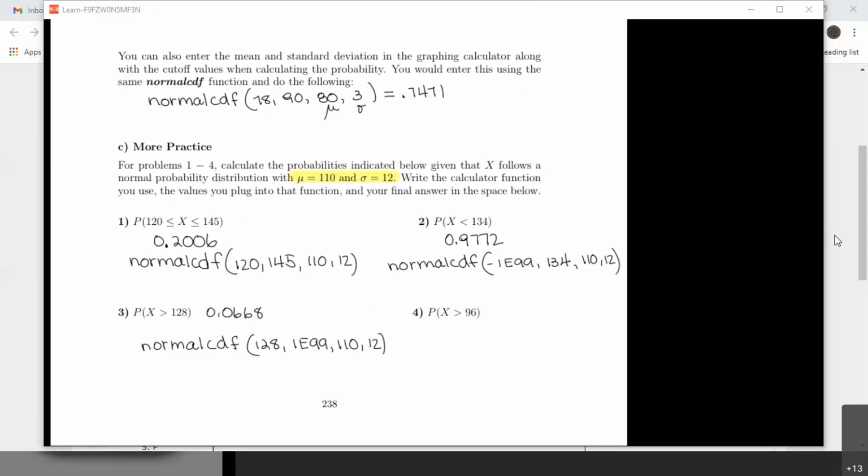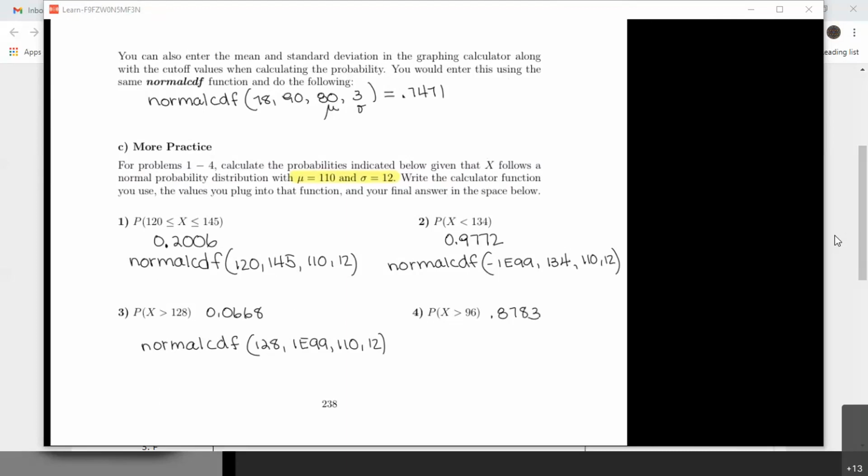Okay, and the last one, anybody get a value for that one? Yeah, that's also pretty large. Okay, because that value 96 is below the mean, and we're going all the way to the right.